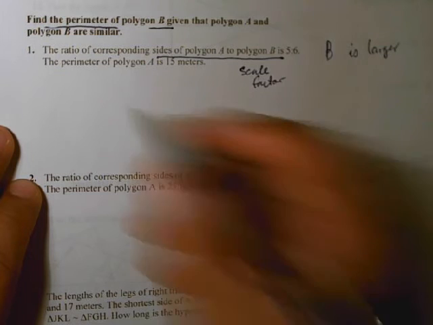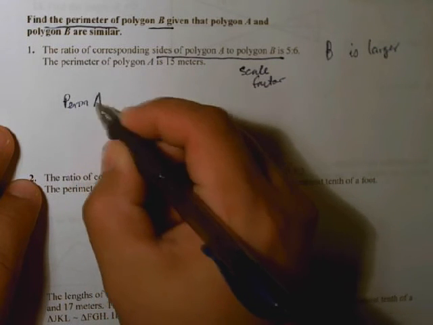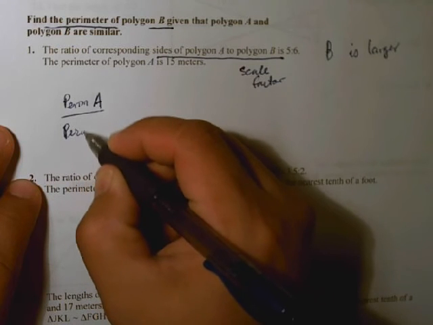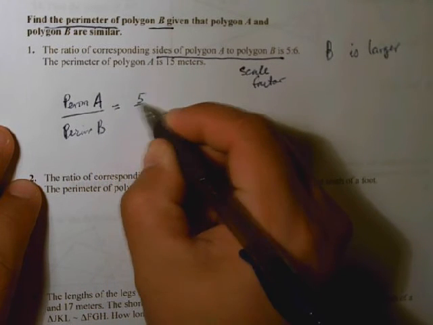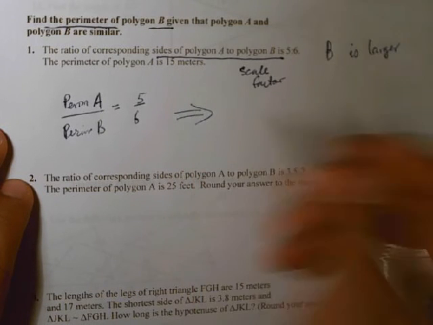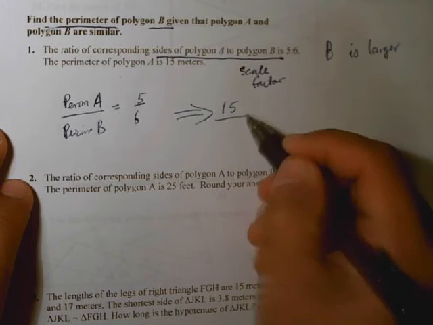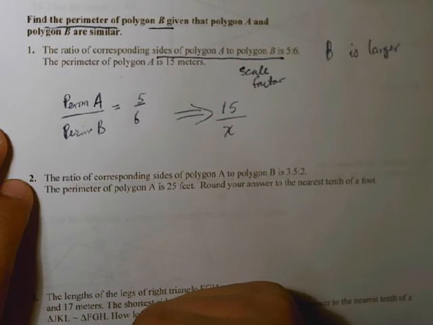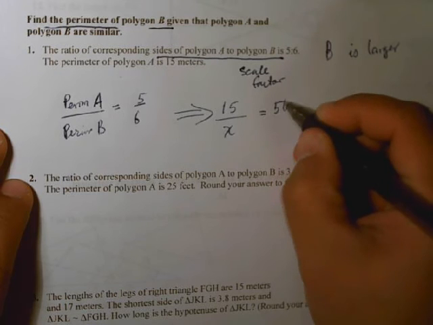So we can say then that the perimeter of A over the perimeter of B is equal to 5 over 6. Okay? And then we can make our substitutions. We know that the perimeter of A is 15 meters. The perimeter of B is the thing we're looking for, or x, and that's equal to 5 over 6.